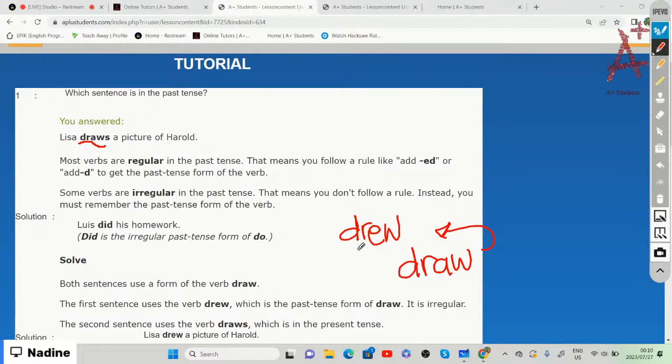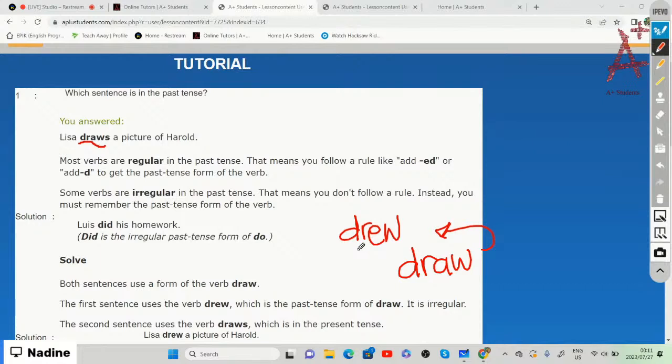And that is why they say you can't basically follow a specific rule. Instead, you must just remember what the past tense form of the verb is. Sometimes, whenever we speak, we still speak in a manner in which we don't use the proper forms of the past tense.